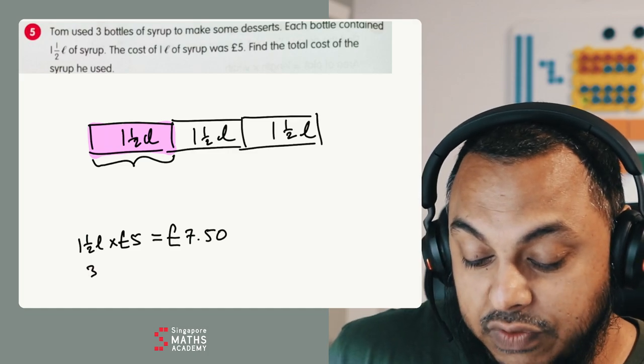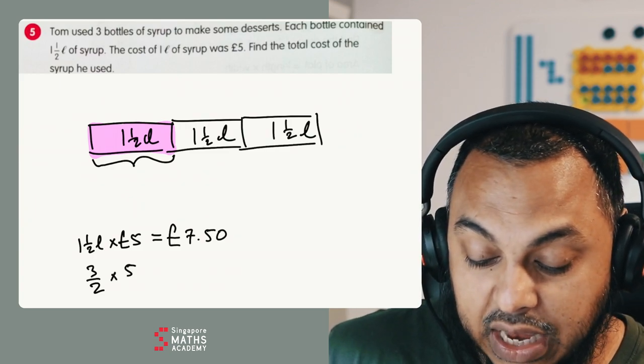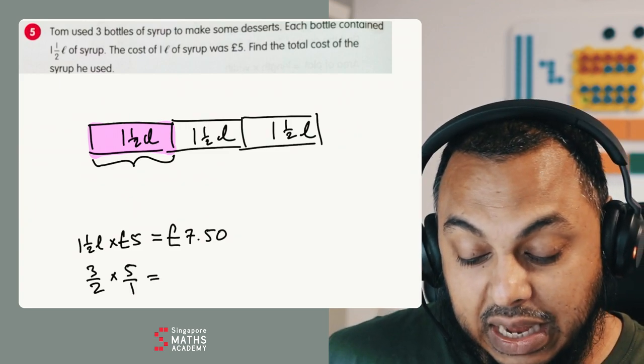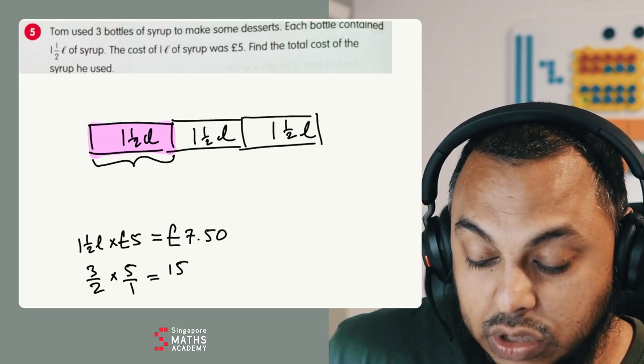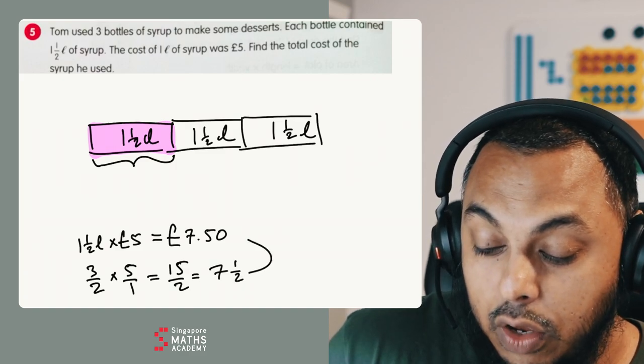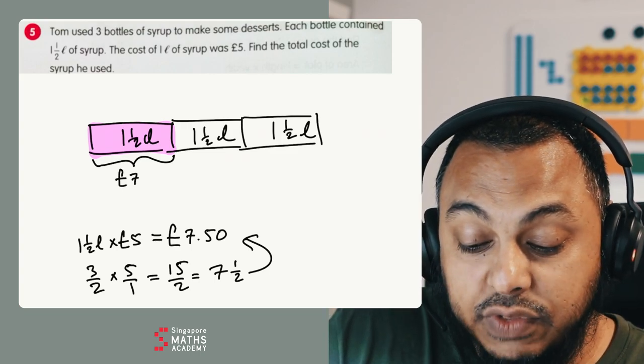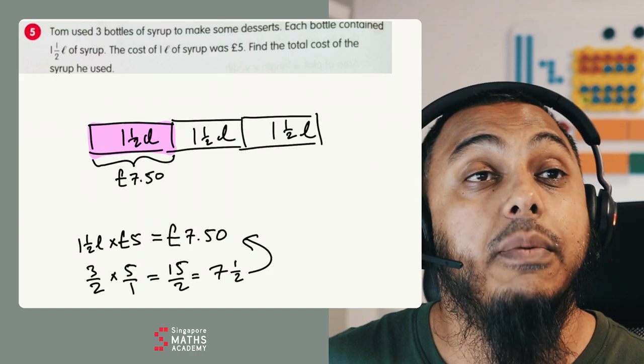Or I could think of this as 3 over 2. 1.5 is 3 over 2 times 5. 5 is 5 over 1. And I can multiply. 3 times 5 is 15. 2 times 1 is 2. 15 over 2 is 7.5, which again is £7.50. So now I've worked out each one of these bottles must cost me £7.50.